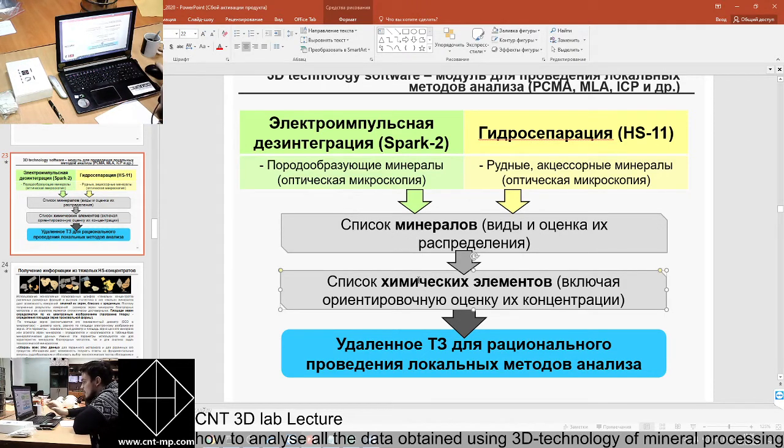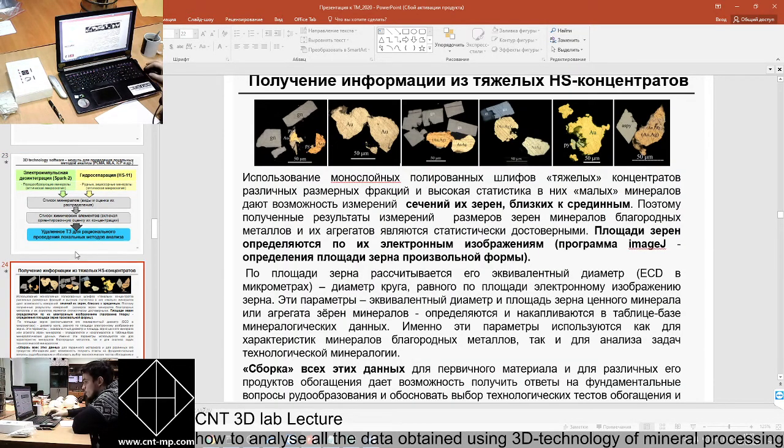So if we list them, we can make a special task for electron microscopy operational personnel to do the microphoto and electron probe microanalysis, as we need it exactly for the client.